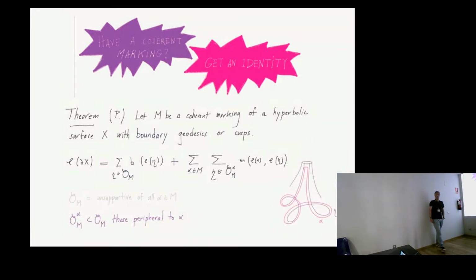And the ones that I've written O of alpha of M, those are ones that are peripheral to alpha. So they don't support alpha, but they're peripheral to alpha. So here's an example, right? You have an orthogeodesic or an arc that leaves from the boundary and comes back like that, okay? Right?